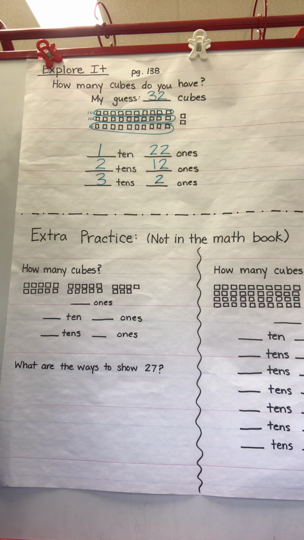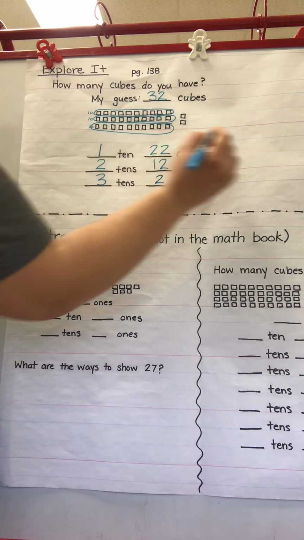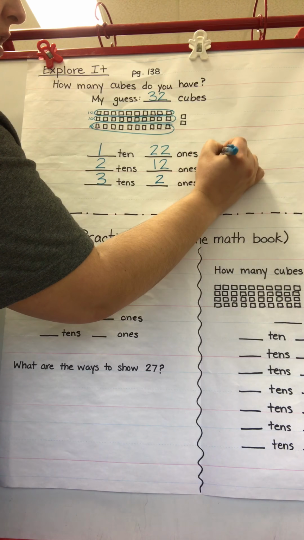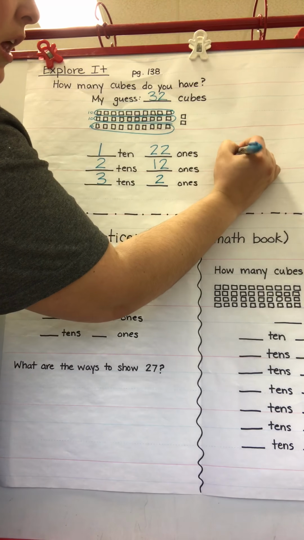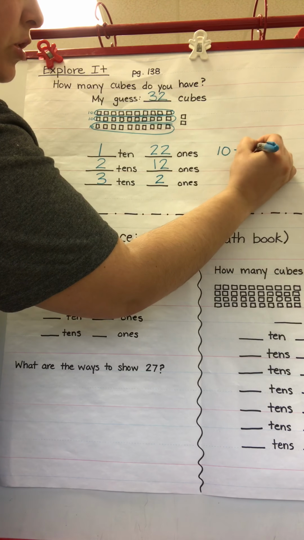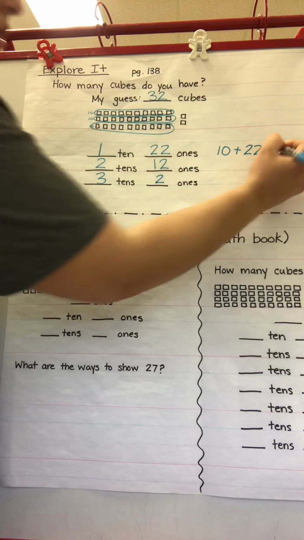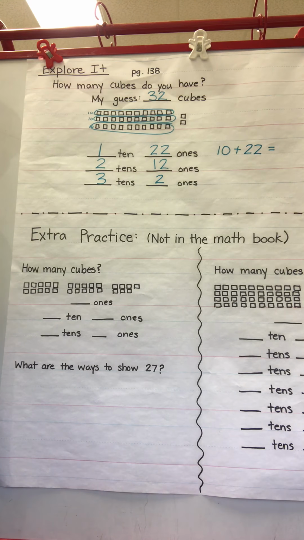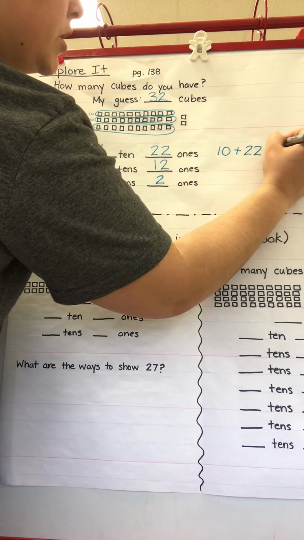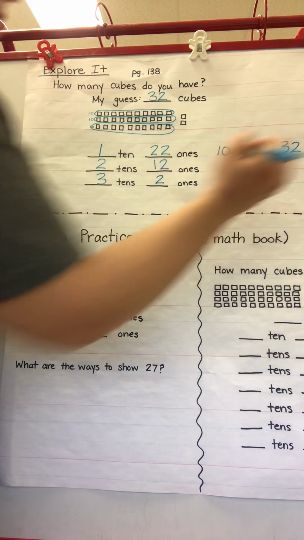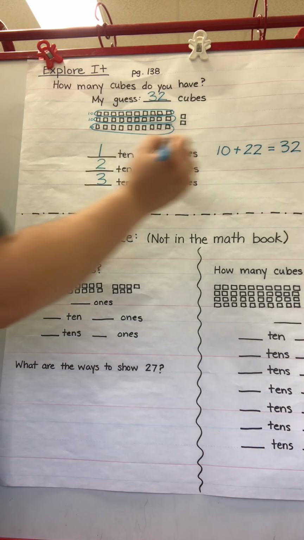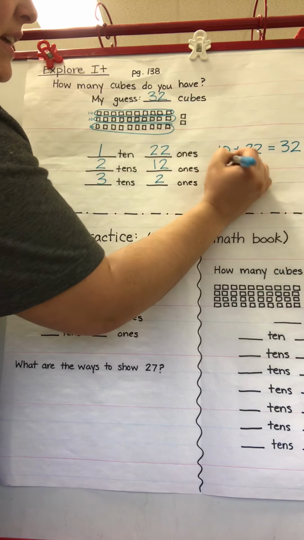But on some of your pages, you'll see there's different ways to show 32. And what they're talking about is right here. If you have 1 ten plus 22 ones, what does that equal? It equals 32. Here you have 2 tens.